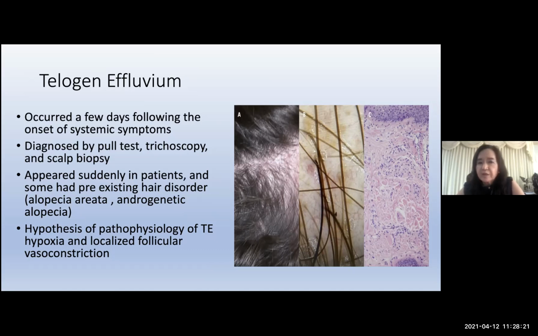It's diagnosed by your pull test, your trichoscopy, and your scalp biopsy. It appeared suddenly in patients who had some pre-existing hair condition like alopecia areata and androgenetic alopecia. The hypothesis of pathophysiology of telogen effluvium is hypoxia and localized follicular constriction.